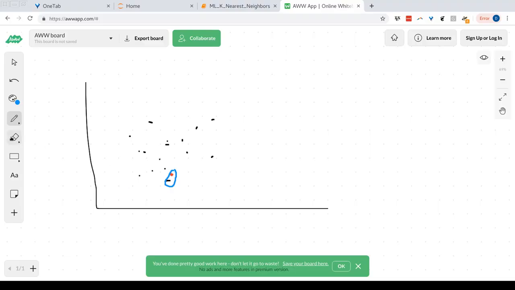But let's say I wipe out my training data and use a new training set. Add my new points. If that's the case, then the new nearest neighbor is this point.